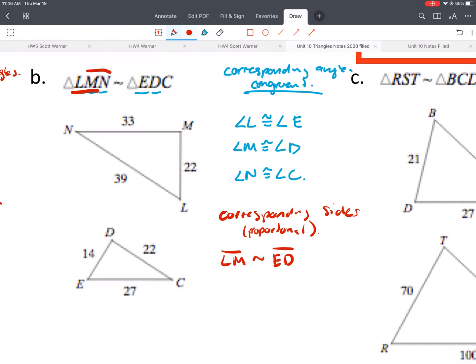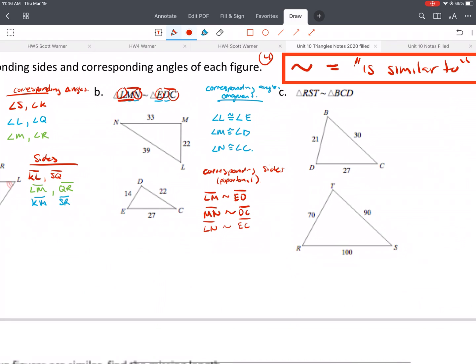And then we could do MN and DC. And then the last would be LN and EC. So hopefully that was all right. Again, if you have questions, let me know.